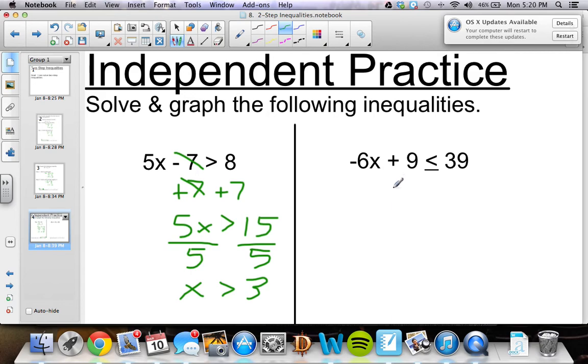Alright, so first things first, we need to get rid of this 9. We need to get -6x by itself, so we're going to subtract 9 from both sides. When we do that, it cancels. We are left with -6x is less than or equal to 30.